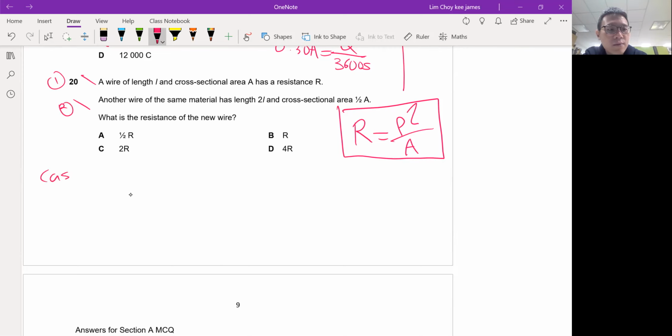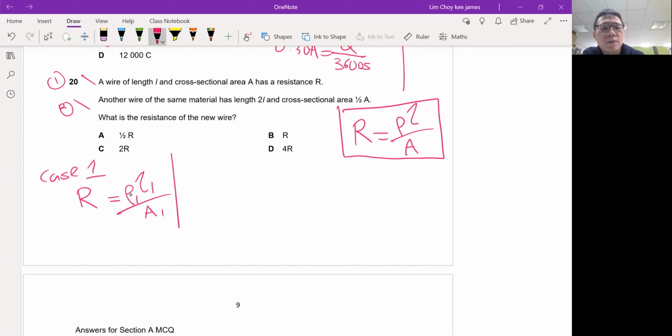For case 1, the resistance is R1, the resistivity is rho 1, the type of cable, the length is L1, and the area is A1.